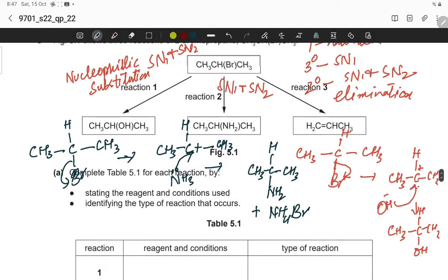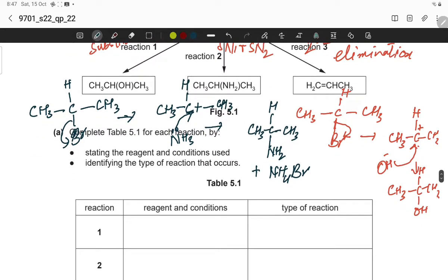You know that when bromine is substituted by OH, the reagents and conditions are sodium hydroxide in ethanol and water, heat under reflux.